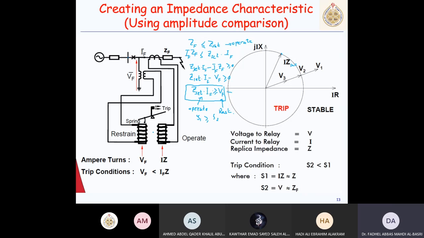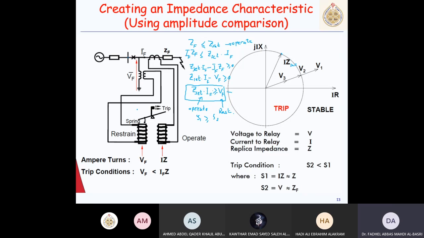So I can use a balance beam to compare these two. Now on the restraint side, I want the relay not to operate. So I'll take the voltage from the VT directly going to this coil.